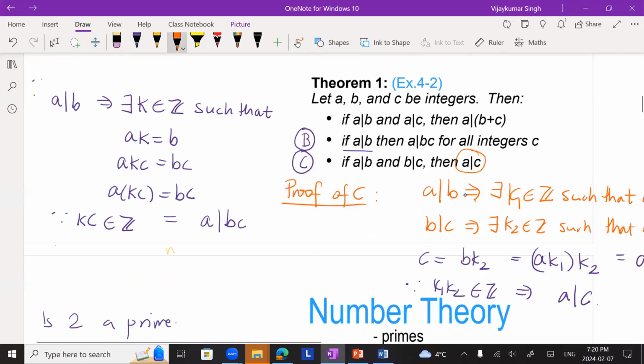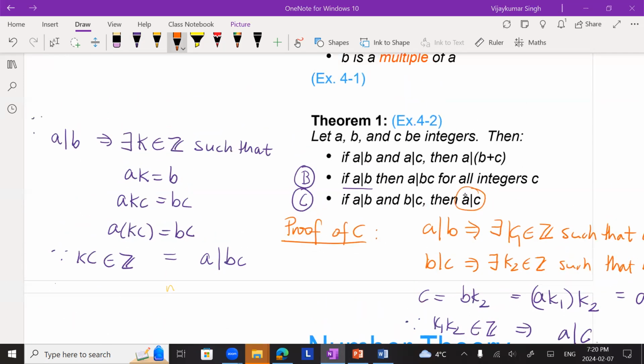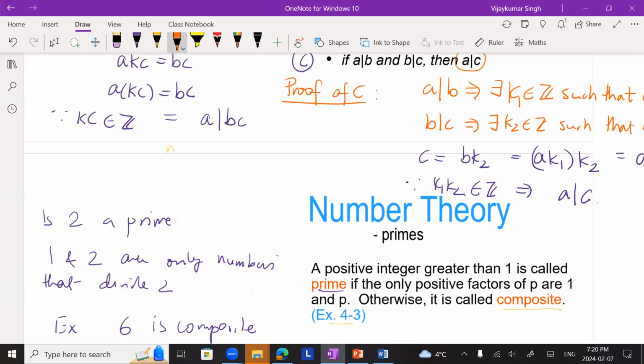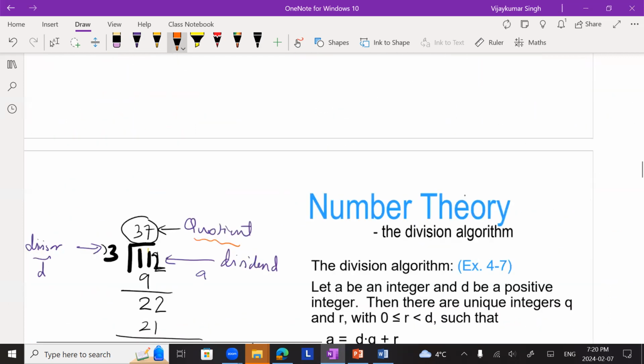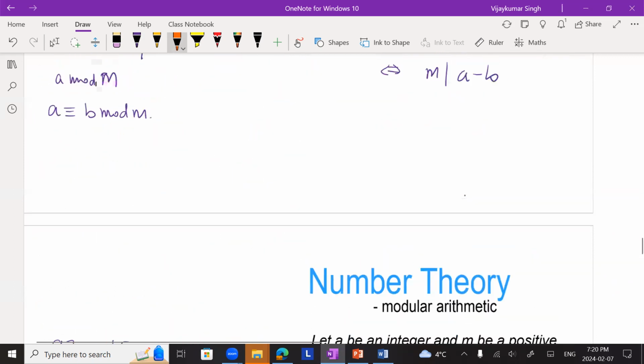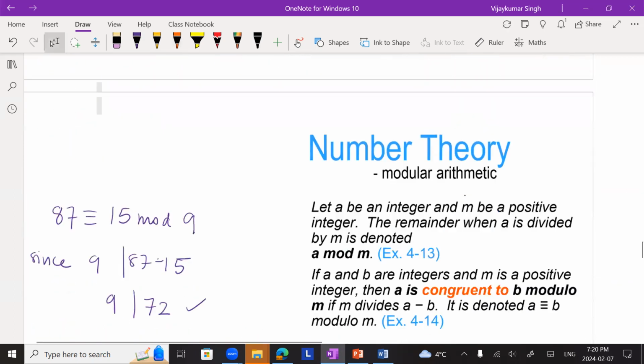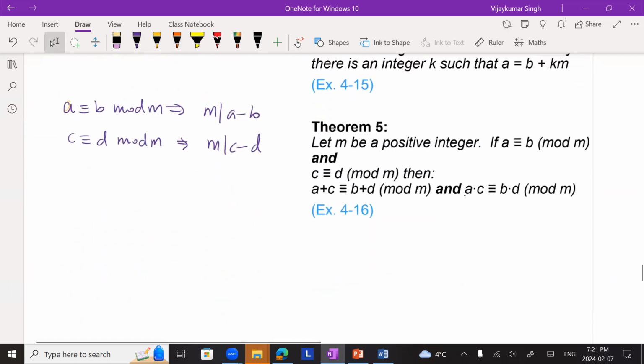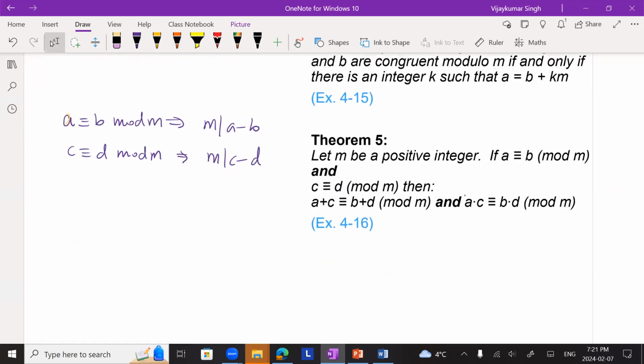It says if A divides B and A divides C, then A divides B plus C. So this will lead to what? We have M divides A minus B and M divides C minus D. This means M divides A minus B plus C minus D, right?